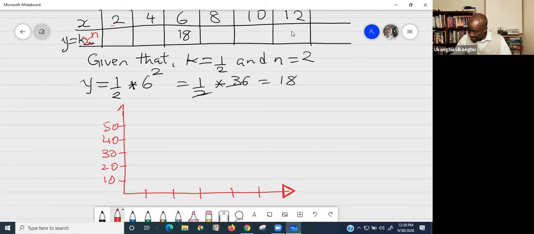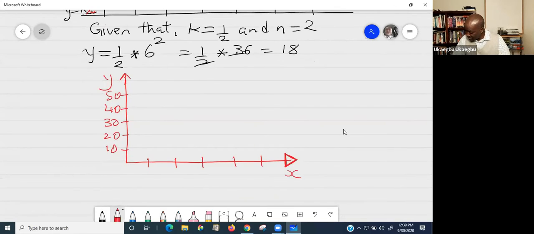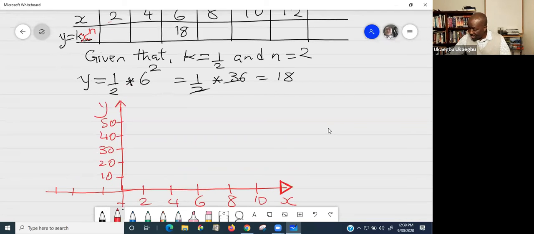So this is the y-axis, and this is the x-axis right here. So this is 2, 4, 6, 8, 10, and then you keep going. It might even have negative values. It just depends on whatever you are given. So after doing that, then you plot your graph.